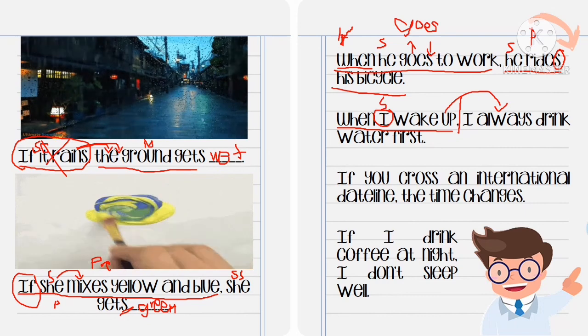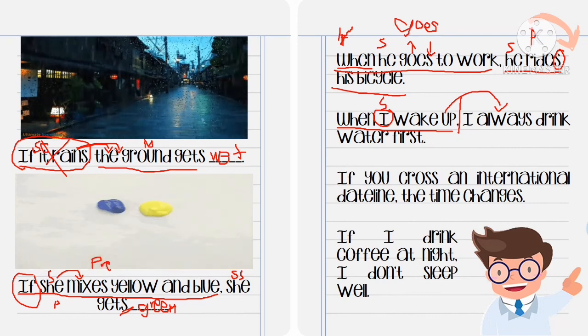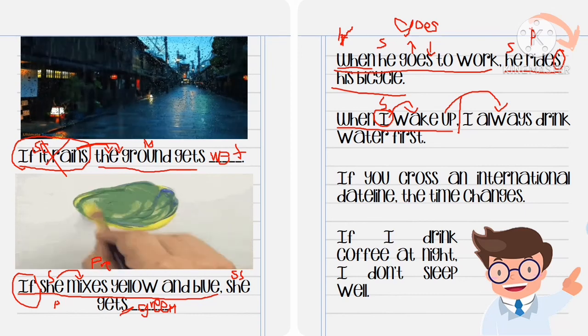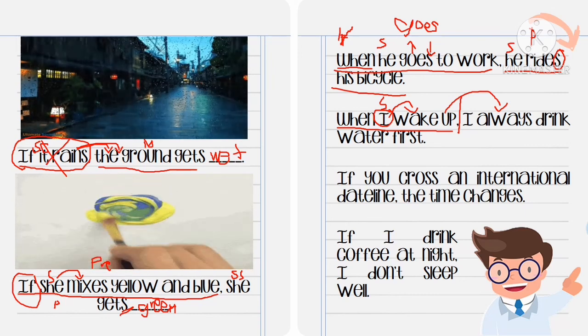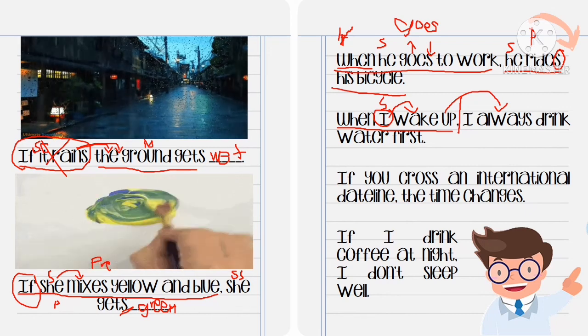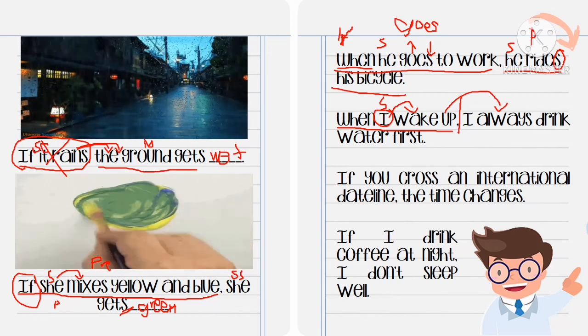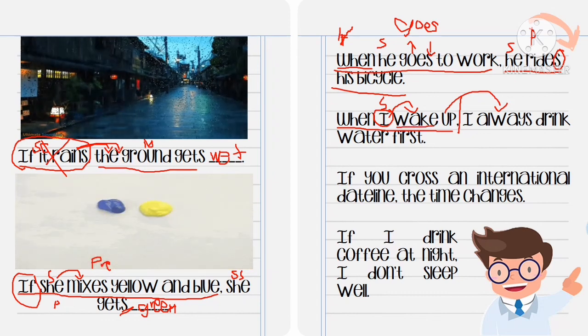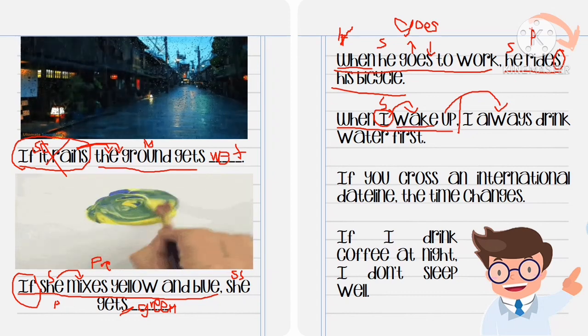Etong si I, siya yung subject natin, singular siya, pero parang you, it requires plural verb. Pero present simple pa rin naman siya kasi ang past tense ng wake is woke. Okay? So, present simple pa rin si wake.